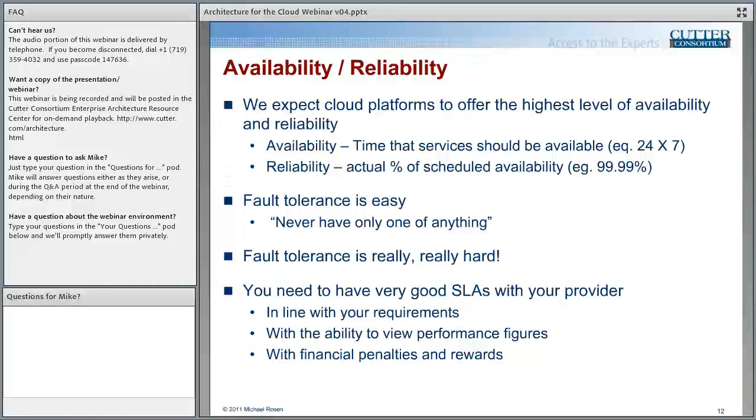As Amazon discovered, they had not tested certain error conditions, and that cascaded into quite a problem for them.